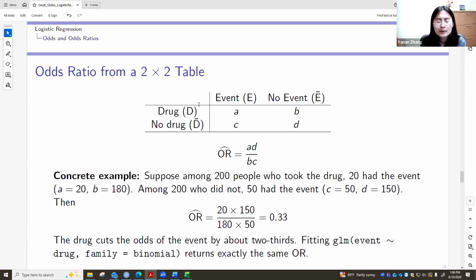Another thing we need to be careful about is the design of how we collect this data. In these examples, the people are independent of each other, right? So people who take the drug are totally independent from the people who don't take the drug.